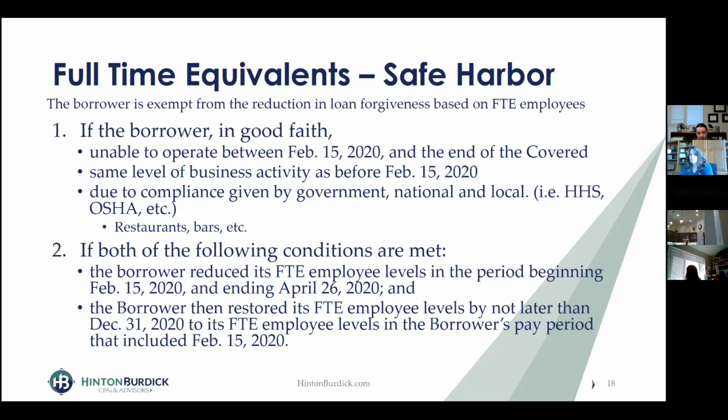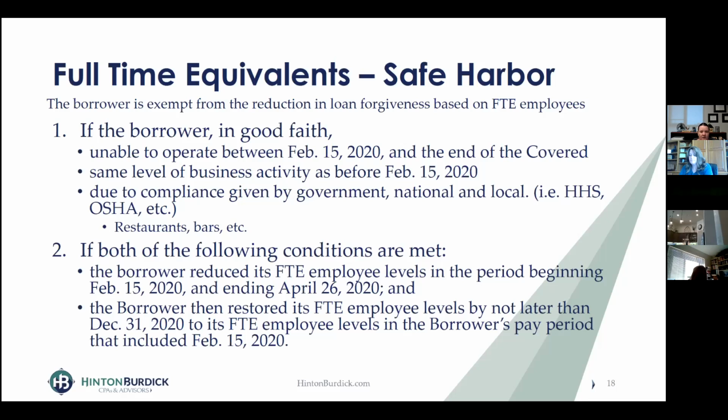The best example I can give you is restaurants. They may have had 10 full-time people before COVID. After COVID, maybe they can only have half of their dining room open due to restrictions of social distancing. And in that case, they would have a safe harbor for the amount of full-time equivalents.